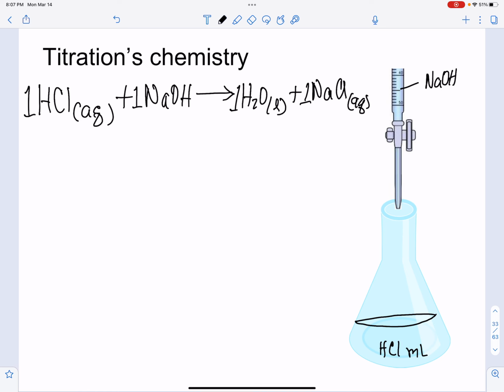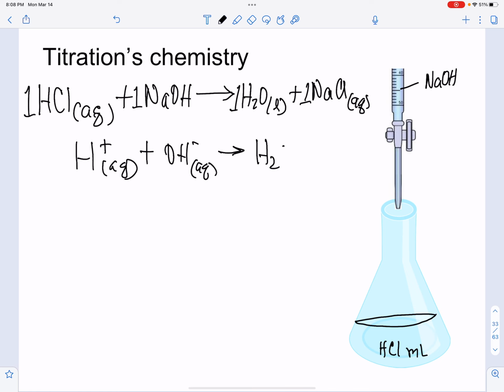If we go back to total ionic equations, we're gonna see that the actual reaction, the net ionic reaction, is H plus and OH minus producing water. Notice also that since this is a strong acid and a strong base, there's no equilibrium. It goes to completion.